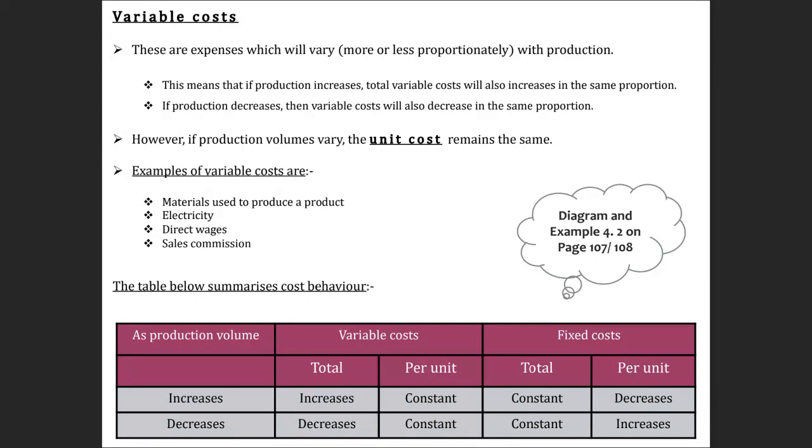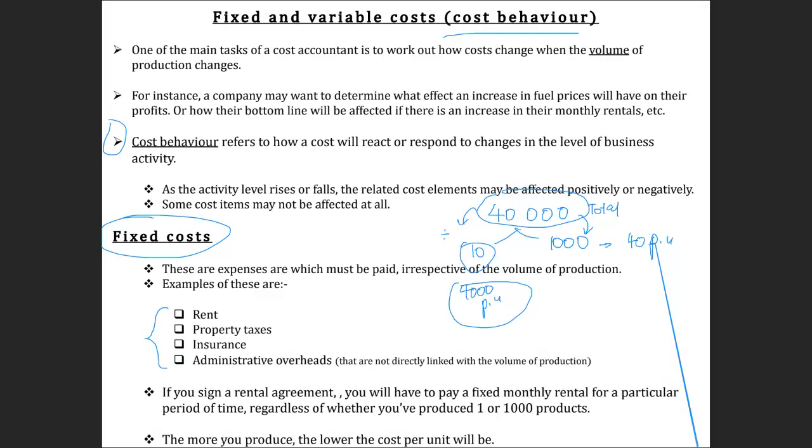Here, as opposed to what I had just explained to you with your fixed costs, the total remained the same with the fixed cost, but the per unit, as we saw here and here, had changed. And this was because we would take that total of 40,000 Rand, and if it was 10 units that were being produced, we spread it over 10 units, and that gave us a per unit cost of 4,000 Rand.